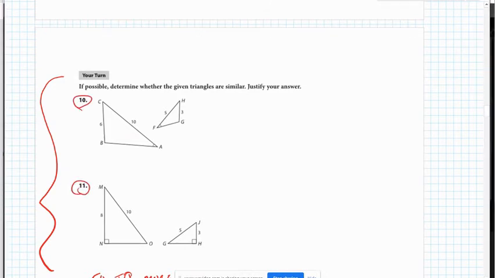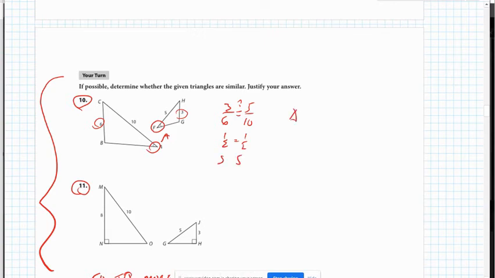For number 10, we have a pair of matching angles already, so that gives us the A. And then we match up the shorter side over the shorter side, 3/6. And then the longer side over the longer side. Are those the same? Yes, they are, because they're both equal to 1/2. 1/2 equals 1/2, so that gives us the 2 S's.